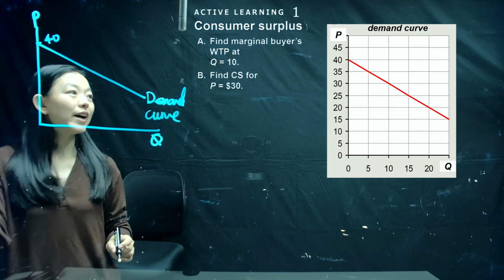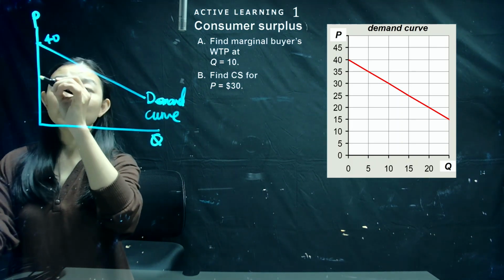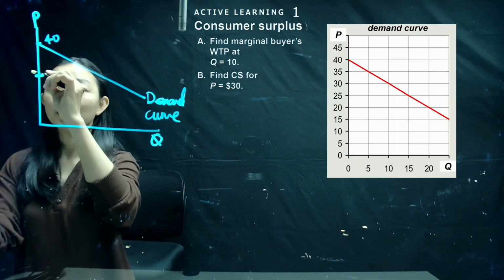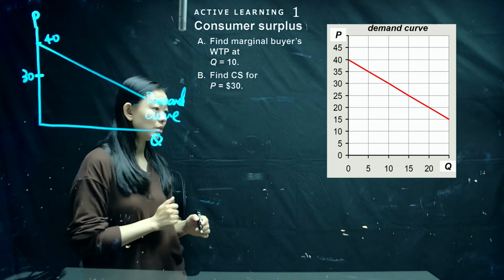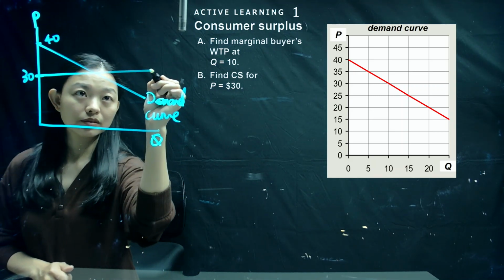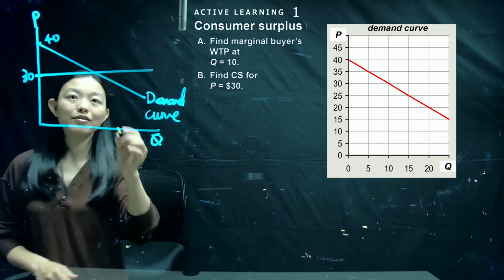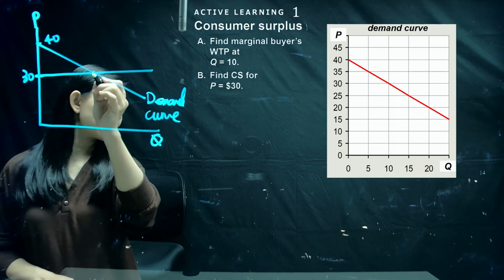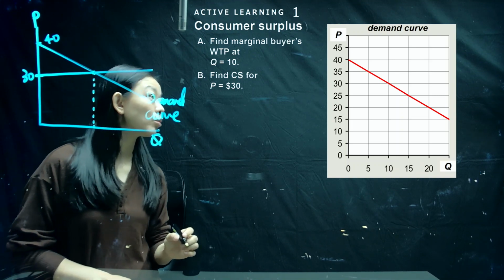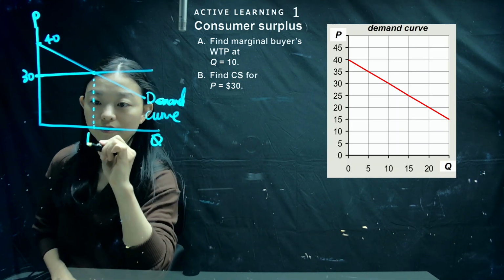And now please find the consumer surplus when the price equals 30. So this is $30. And what you need to do is draw a horizontal line, and then find one intersection point, right? From this intersection point, you can get the quantity equal to 10.